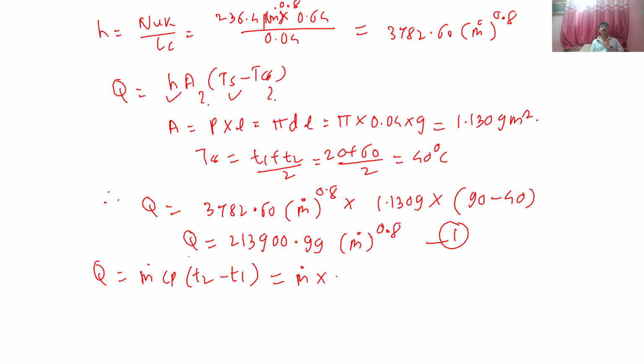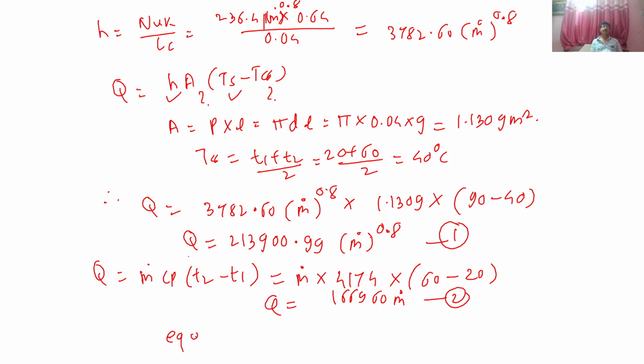Put it in joule per kg Kelvin, so it is 4174. T2 is 60, and T1 is 20. So Q becomes 166960 m dot. It is again in terms of m dot. This is another Q, and this is equation number 2.